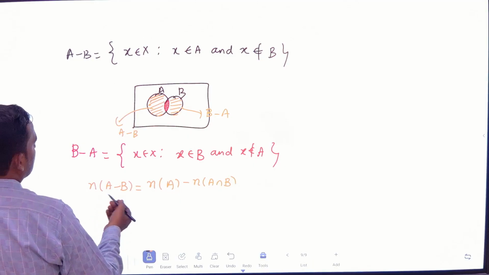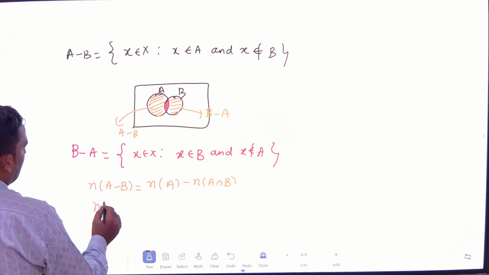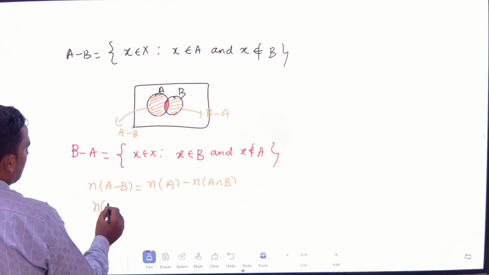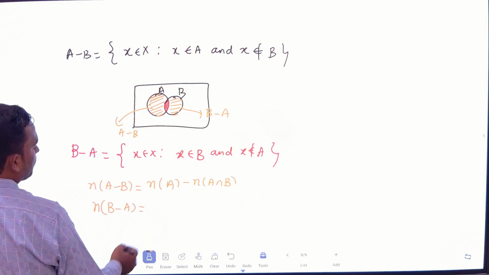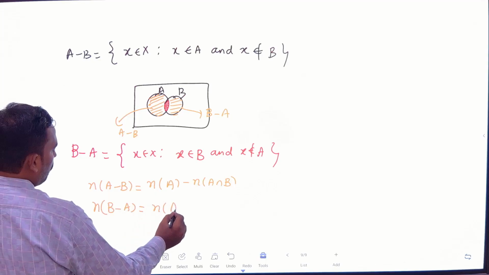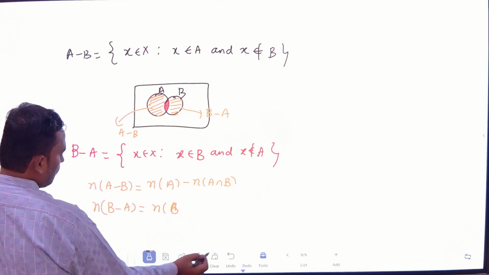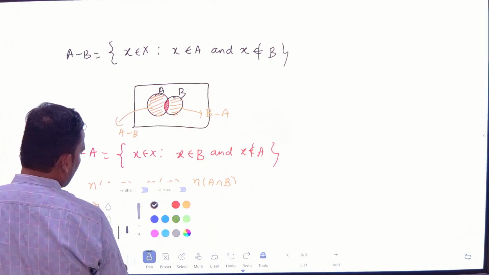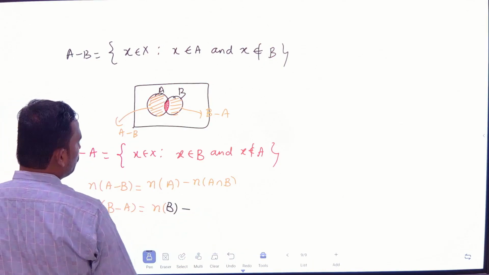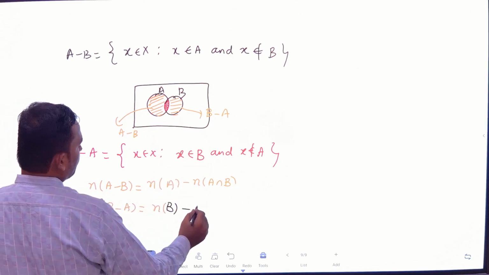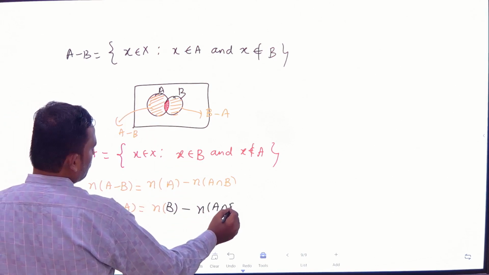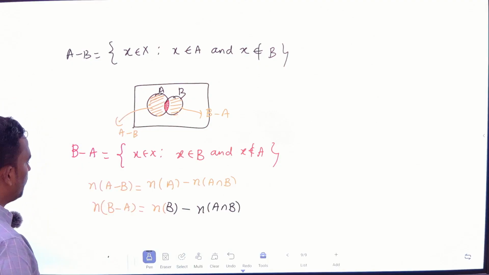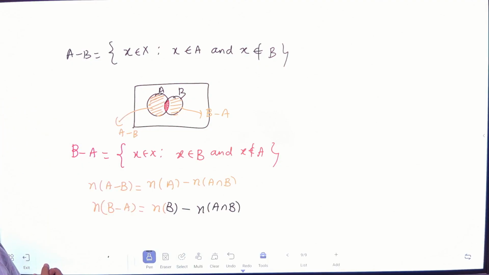And then second, n of B minus A. Collect all the elements in B and remove the intersection. This way also we can write. Clear?